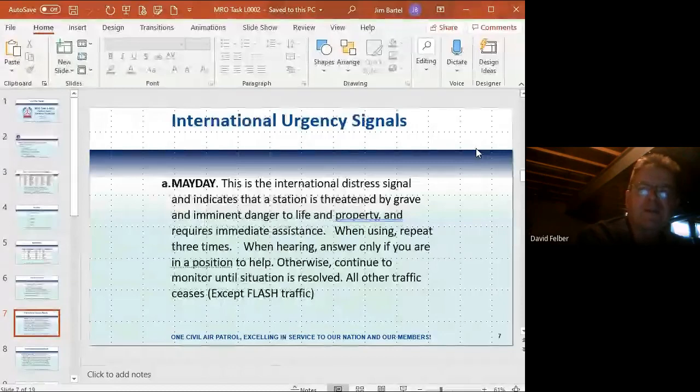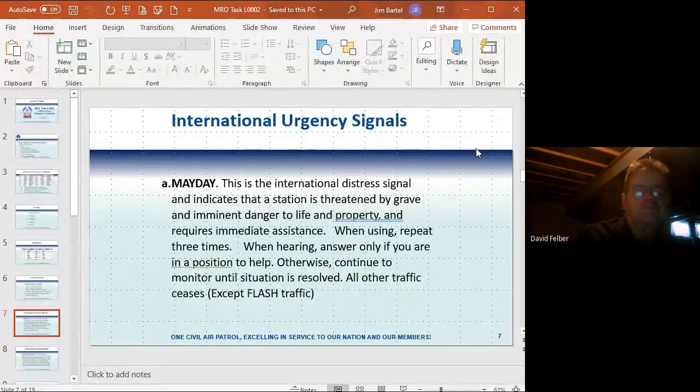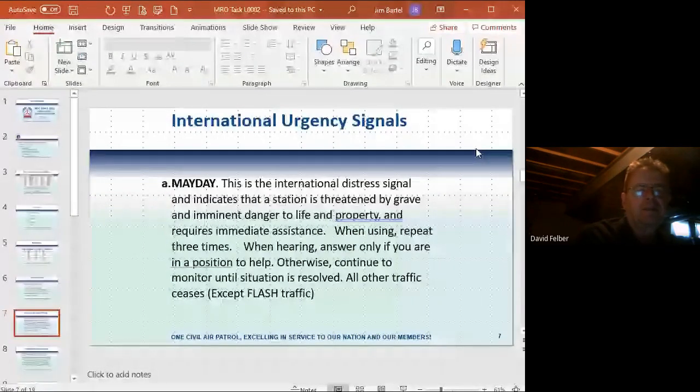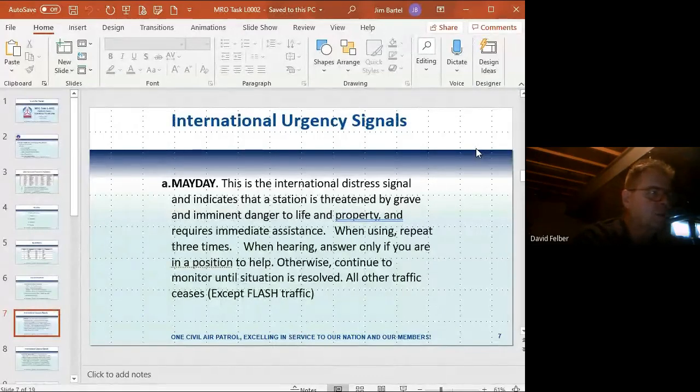If you're out in the middle of nowhere, you have no cell phone coverage, you're in an accident, someone's hurt, then it would be appropriate to use Mayday, and hopefully someone would hear you. But quite possibly on the CAP frequencies, unless you're using a repeater covering a wide range, if you're on a simplex frequency and out far away from a mission base or anything, more than likely no one's going to hear you uttering Mayday.